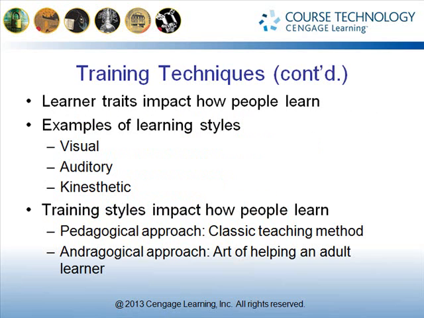One of the challenges in organizational education and training is to understand the traits of learners. Learners have different traits, and learning styles are different as well. There are some learners who are visual learners.